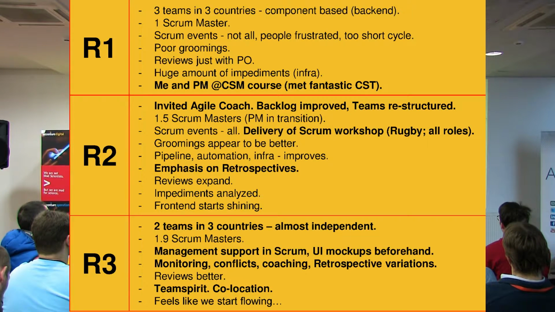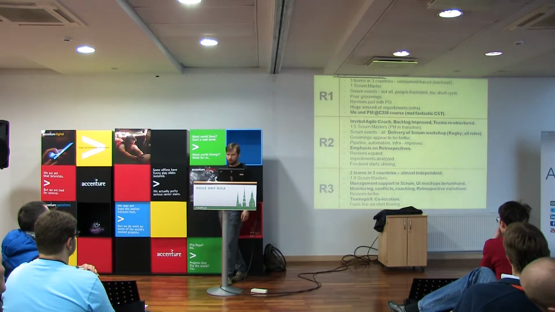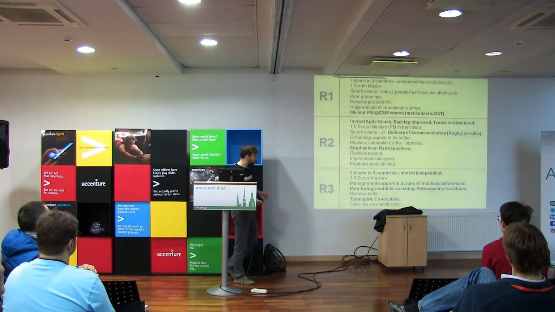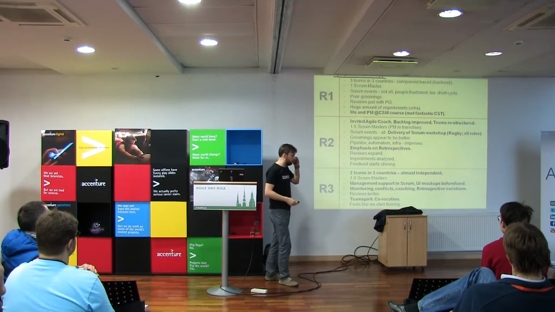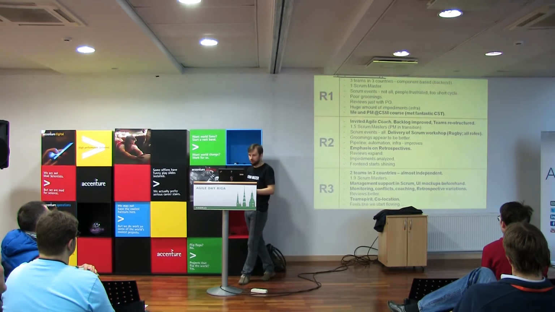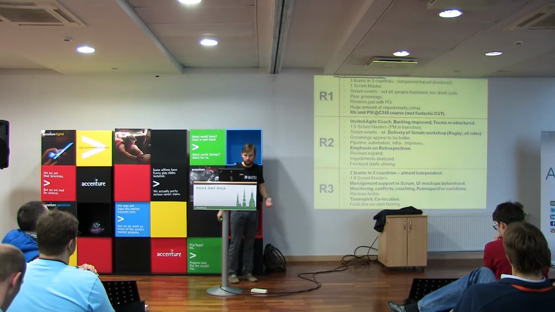Release 3 came down to 2 teams, still in 3 countries, almost independent teams, able to deliver business value. 1.9 Scrum Masters. Now we got more management support for Scrum, started to design UI mockups beforehand, like in a current sprint for the next. This is where I personally started to pay attention to monitoring the team, monitoring how people work, conflicts, how they try to solve problems, are they conflicting and hiding.